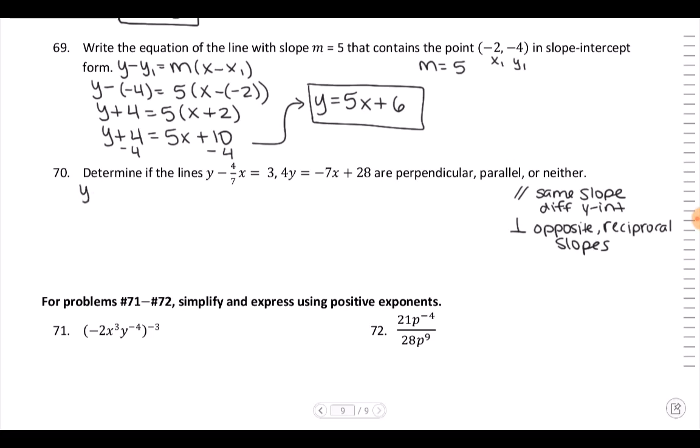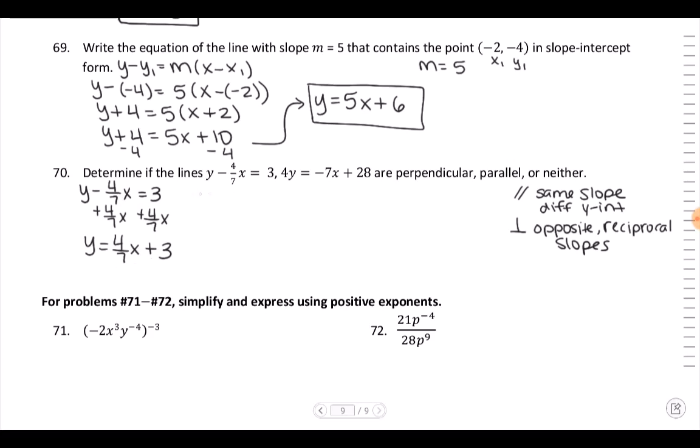So let's start with this first line here, y minus 4/7 x equals 3. We need to put this in the slope-intercept form, and that way we can identify the slope. So we got to get y by itself. I'm going to add 4/7 x to the other side. So y equals 4/7 x plus 3.